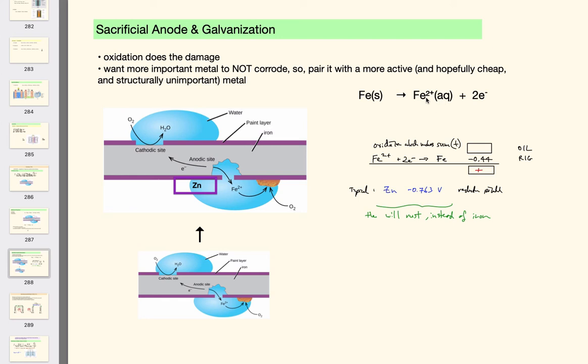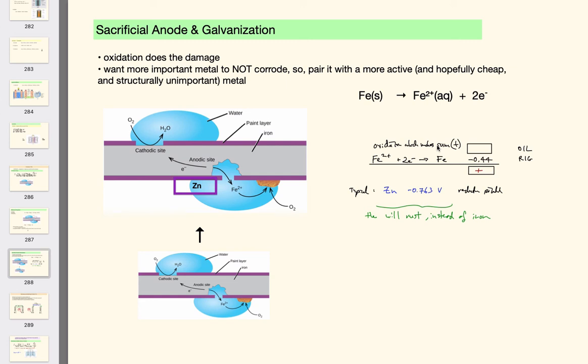Well, let's think about our basic chemistry that we've learned so far. If we had a metal that was more reactive than iron, then it would oxidize. It would be the thing that corrodes. And the iron would be left unattacked. So what we need is a metal that's more active.